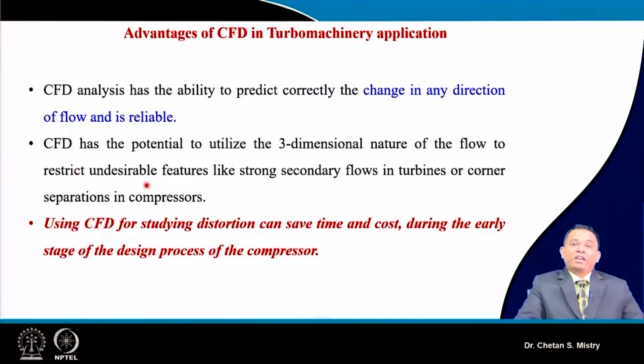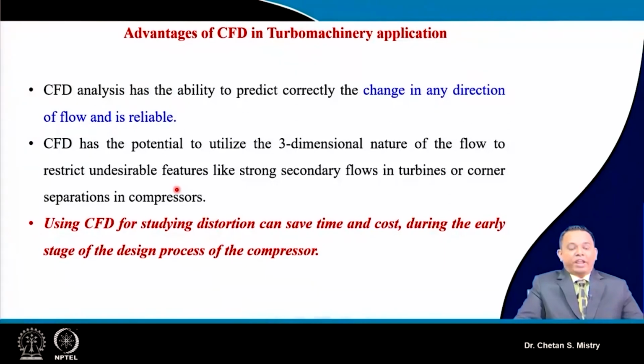CFD gives very good prediction in terms of change of direction and reliability of the results. It also helps in terms of three-dimensionality, as we have discussed: secondary flow, tip leakage flow, corner separations, all those terms we are now able to capture.